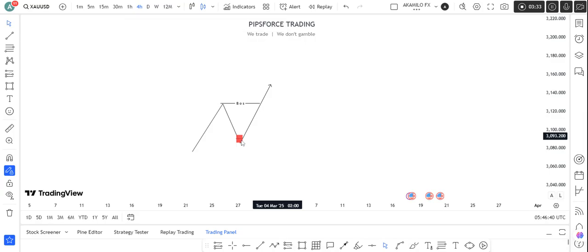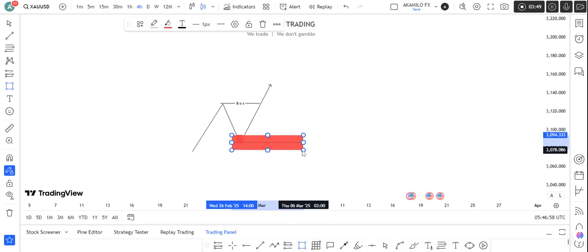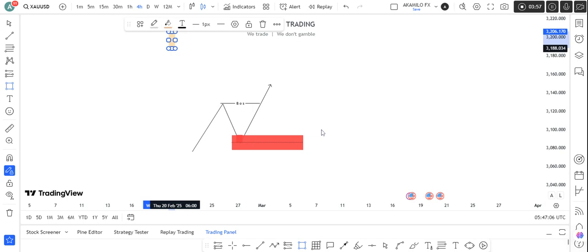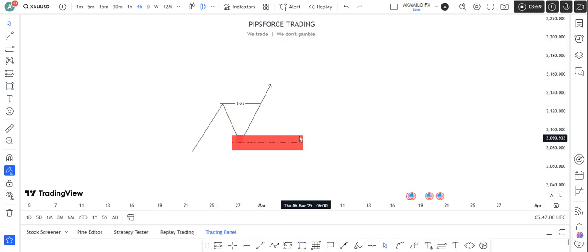This order block is also one of the institutional reference points. As a trader, you'll be expecting price to come into this zone of order block, test this particular order block, and then give you an action to continue to the upside, right?